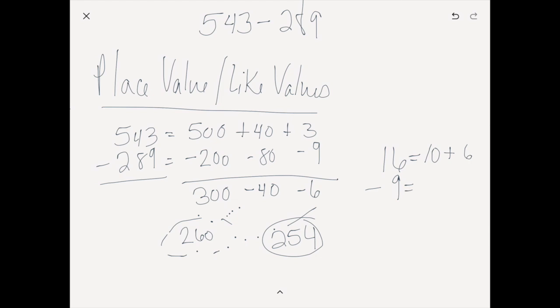Well, I don't want to take the 9 from the 6 because there's not enough there. I've seen so many kids do this where they will take the 9 from the 10 and they get 1 and then just bring down the 6 and their answer is 7. Right? So they'll break it apart and then find ways to be able to match these up and subtract it in a way that makes sense to them.